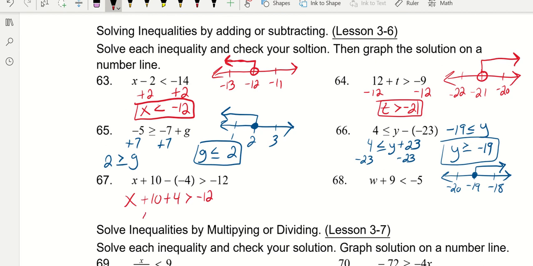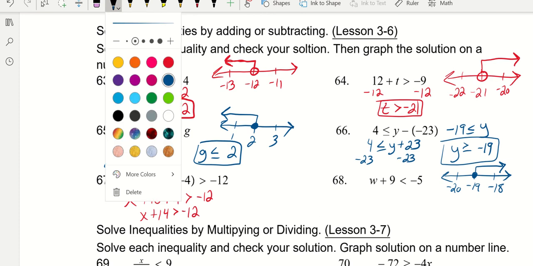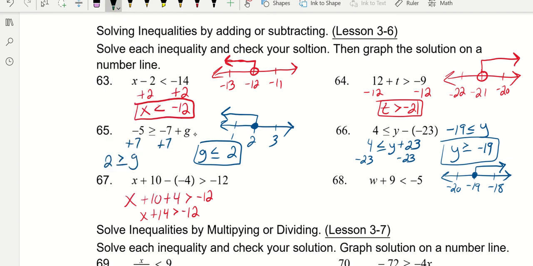So when I do that, I get x plus 14 is greater than negative 12. Okay. We're now going to, let me change to green actually. Subtract 14 from both sides. So x plus 14 minus 14 is greater than negative 12 minus 14. We end up with x is greater than negative 26.